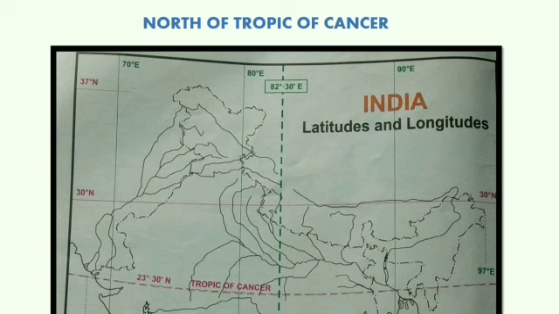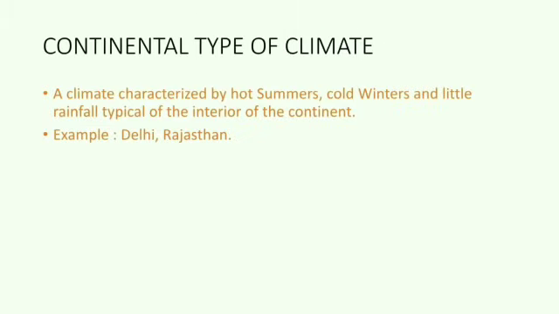Now let's move on to the continental type of climate. A climate characterized by hot summers, cold winters, and little rainfall, typical of the interior of the continent. Example, Delhi and Rajasthan. You can see these places in the map.